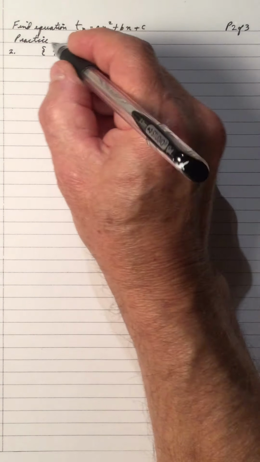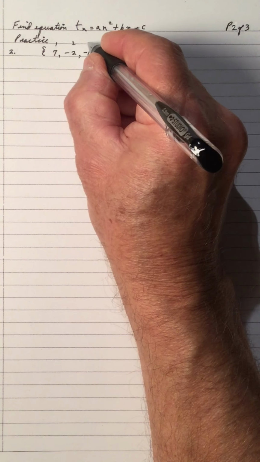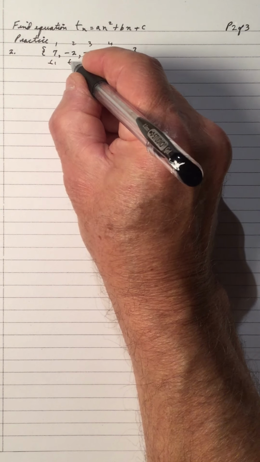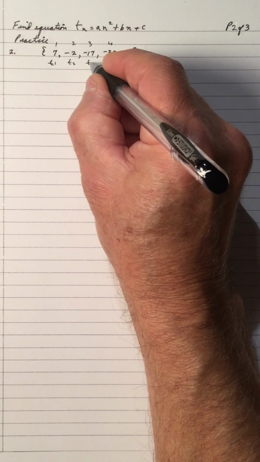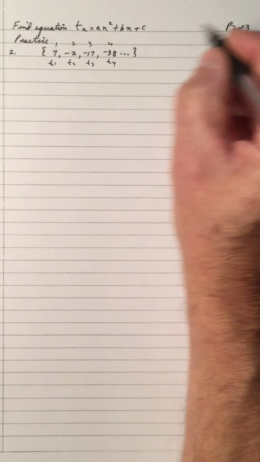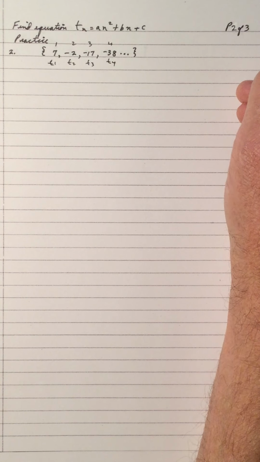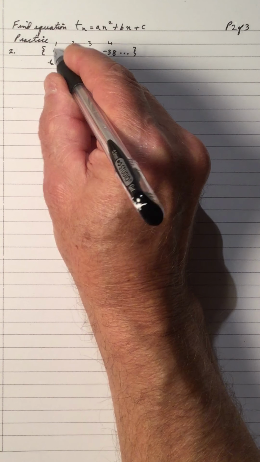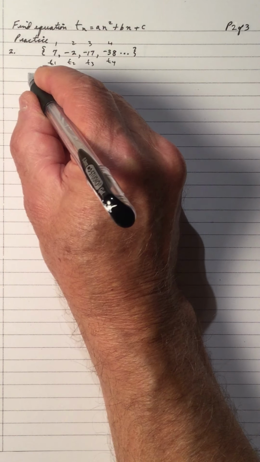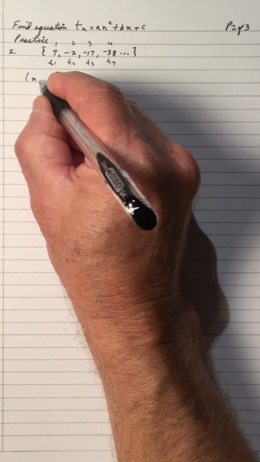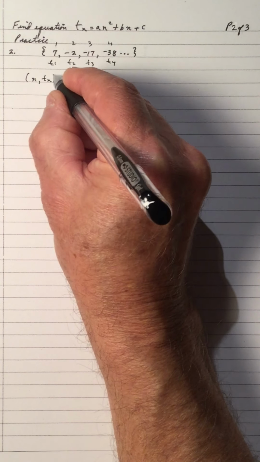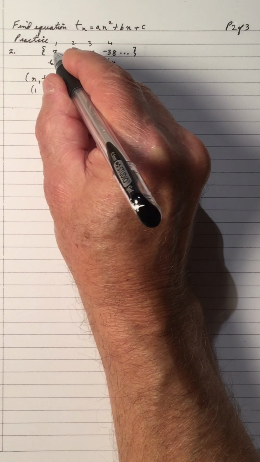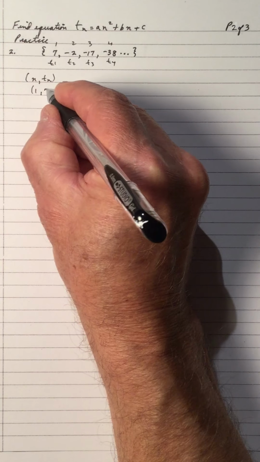Well, remember, this is 1, 2, 3, 4, and this is T1, T2, T3, T4. So if I treat this as an ordered pair, N, comma, Tn, then N is 1 and T1 is 7.